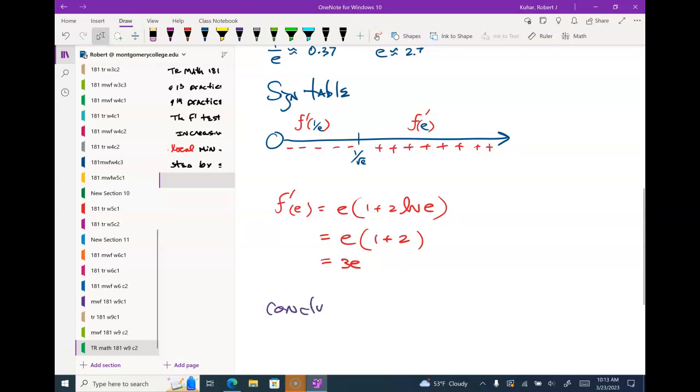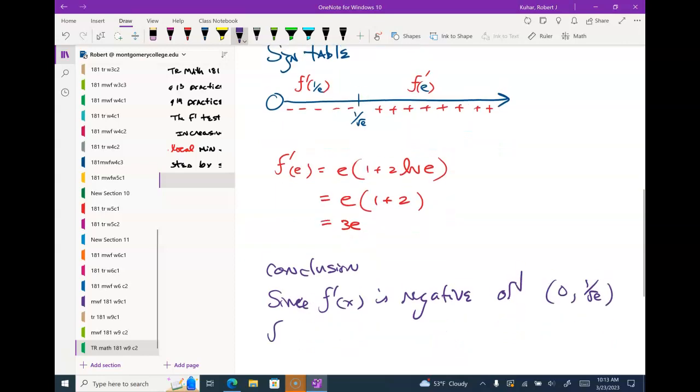So conclusion. Since f prime of x is negative on 0 to 1 over square root of e, f must be decreasing on the same interval.